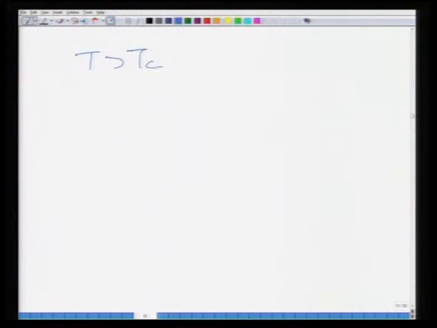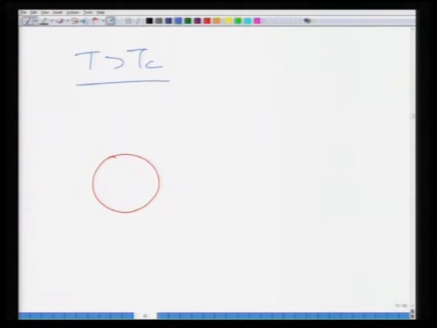Now when the temperature is below Tc, the field does not penetrate the material, it penetrates only partially on the surface, otherwise it's completely repelled, and this depth of penetration is very small, about a few 100 nanometers or maybe smaller, and it's called the London penetration depth. So what essentially happens is, when T is greater than Tc, the material is a normal metal.